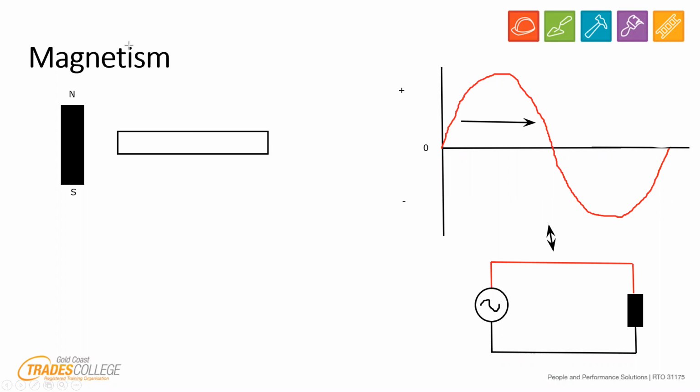Okay, so in my conductor, remember, I have some very big and strange sized electrons. Now remember, it's the electrons that move. Minus, minus.